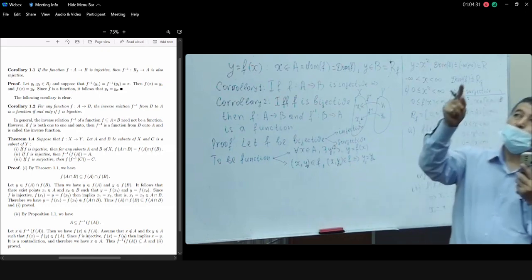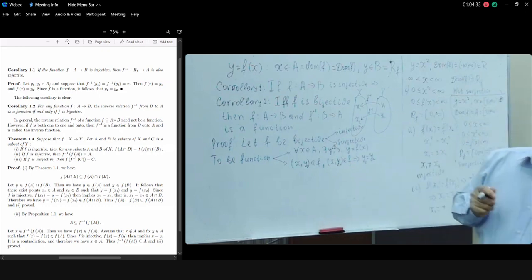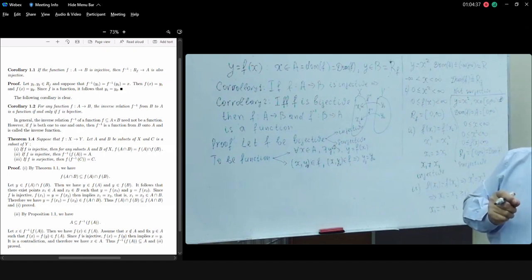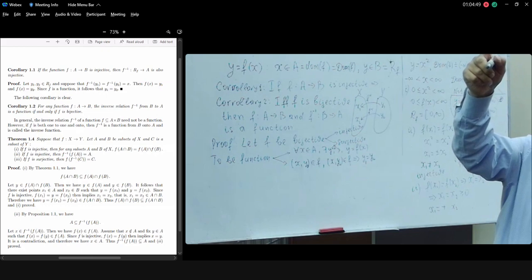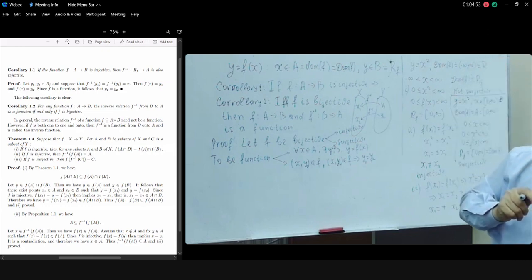So to prove this theorem, what they say in general is that the inverse function needn't be a function.